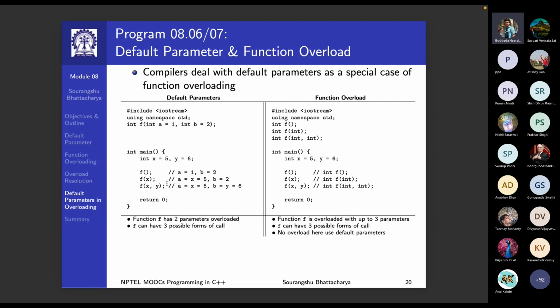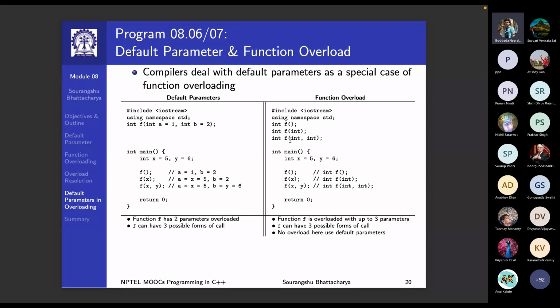So you can think of these default parameters as defining an overloaded version of the same function. So how is it happening? Left is the default parameter version, and right is the overloaded version, which will have the same effect.